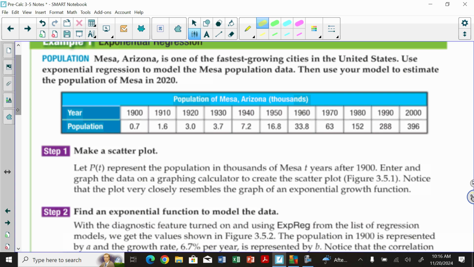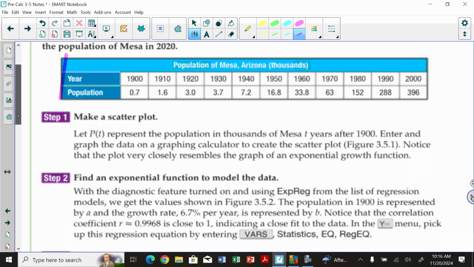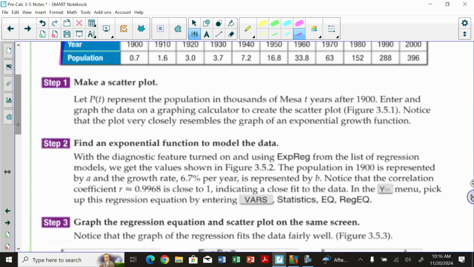So you have this data about Mesa, Arizona, and how fast it grows from year to year, and the population is in thousands, as you can see written right here. When we do this, you can make a scatter plot of it and see what the data looks like, and then we can get an idea of what kind of model we should use.